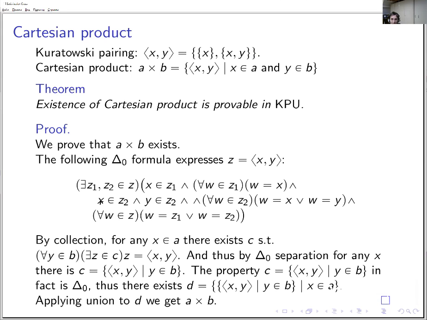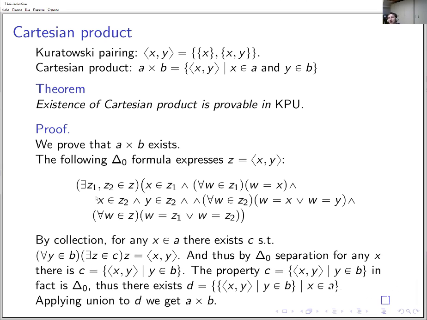And finally we say that all elements of Z are either Z1 or Z2. You see this delta zero formula defines the property that Z is equal to the pair xy. And of course, using the axiom of pair, it's quite easy to prove in KPU that for objects x, y there exists the ordered pair xy.